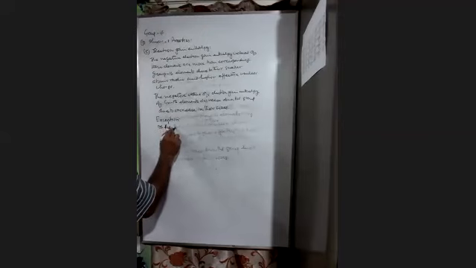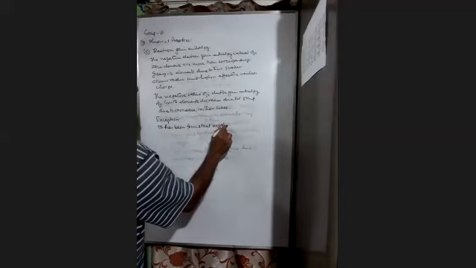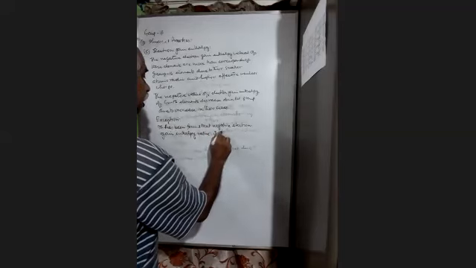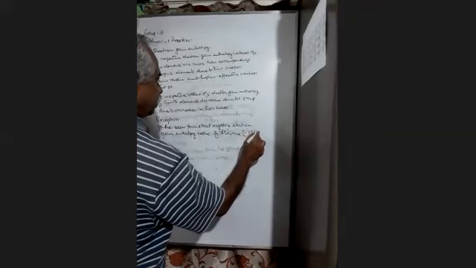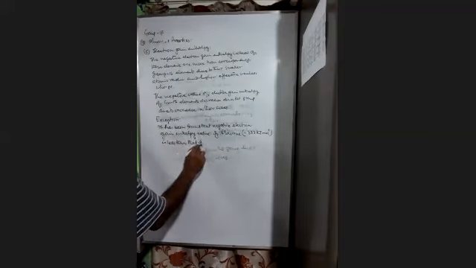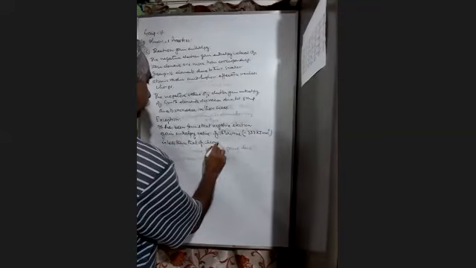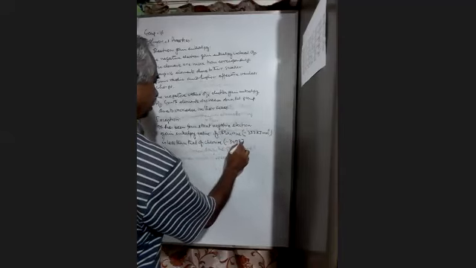It has been found that the electron gain enthalpy value of fluorine is minus 333 kilojoule per mole, less than that of chlorine, which is minus 349 kilojoule per mole. In fact, the same thing we have found in the case of oxygen and sulfur.